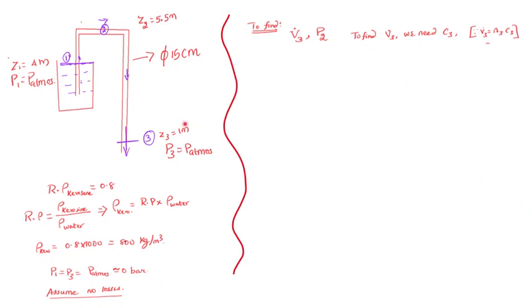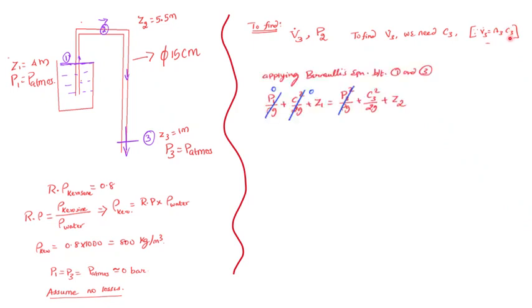Since they are asking at section 3, I've written that V dot 3, the volumetric flow rate at 3, equals area 3 times the velocity 3, from the continuity equation. In order to find V3, I'm applying Bernoulli's equation between section 1 and section 3.